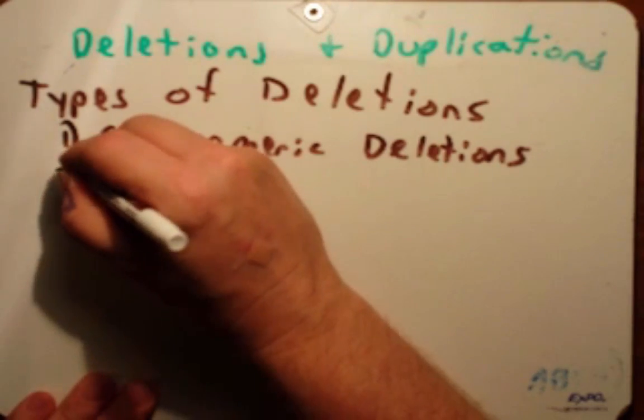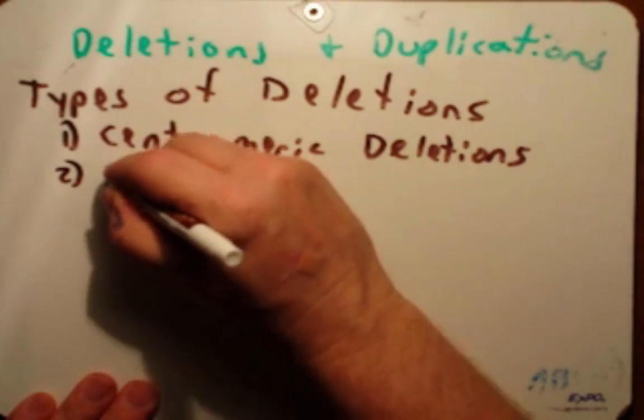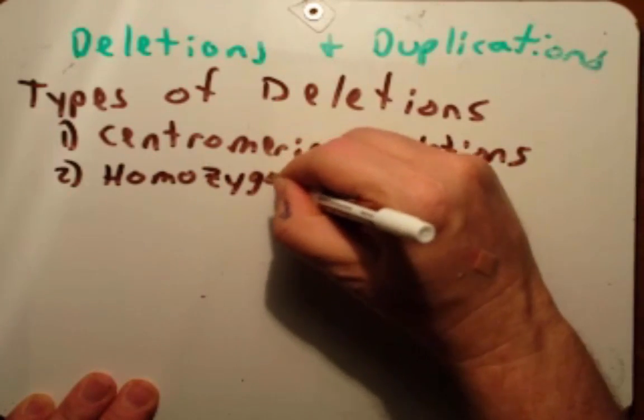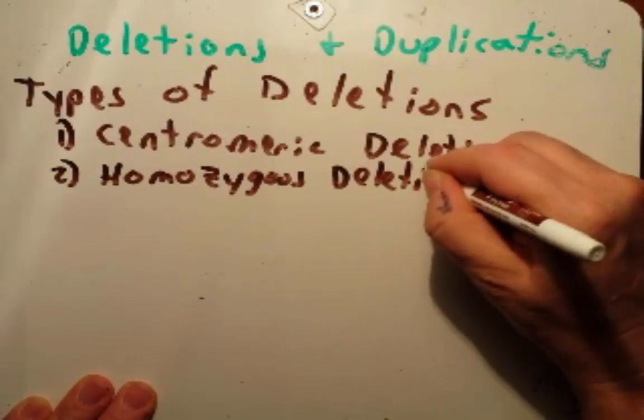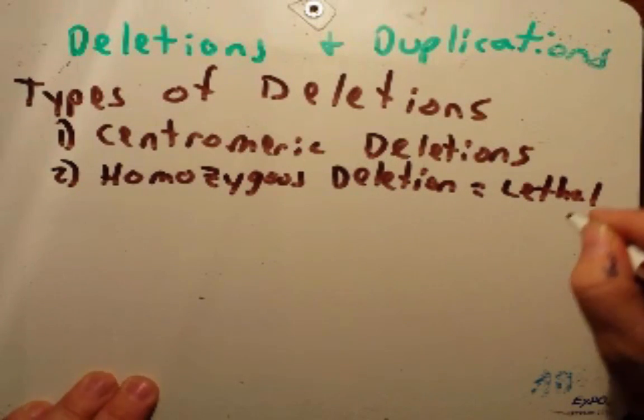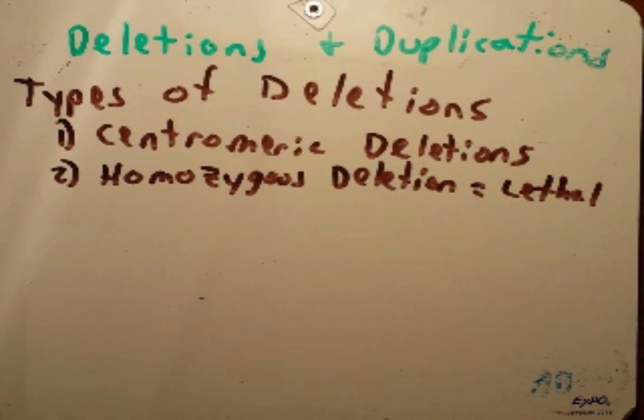The next one is a homozygous deletion, and we mentioned this one just a moment ago. And these are almost always lethal. Remember that these deletions, even though that's not the way we've drawn them, just because we're limited with how much room we have, are usually large scale.